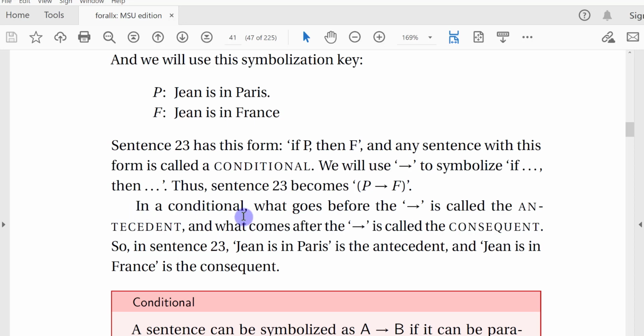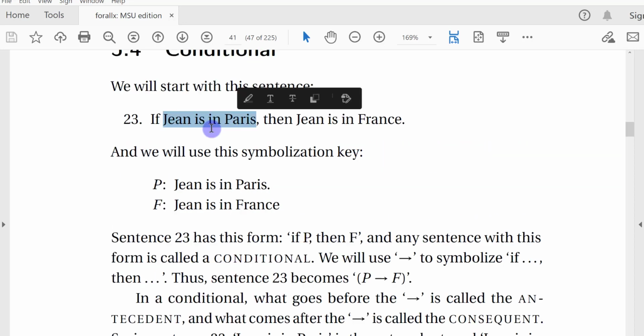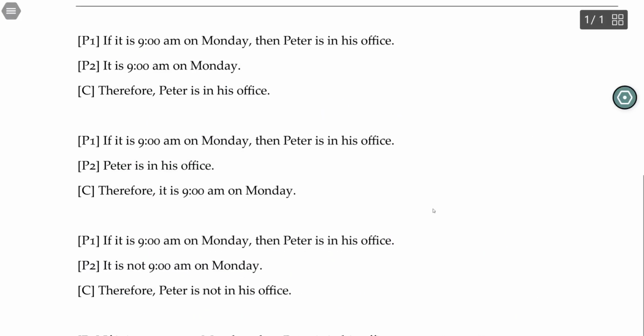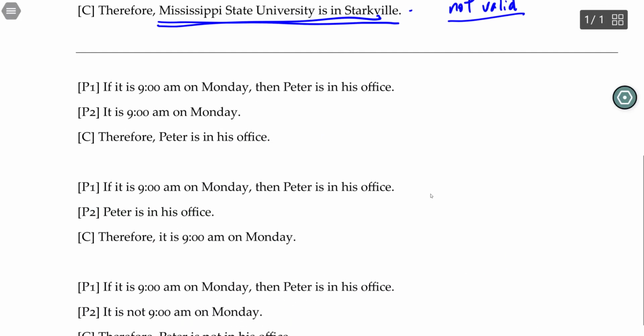So in a conditional, what goes before the arrow is called the antecedent, and what comes after the arrow is called the consequent. So Jean is in Paris is the antecedent. Jean is in France is the consequent. Okay, so the antecedent and the consequent are the two parts of a conditional. So you'll notice, we'll just take these first two arguments.